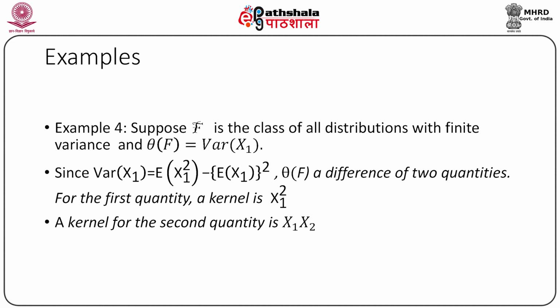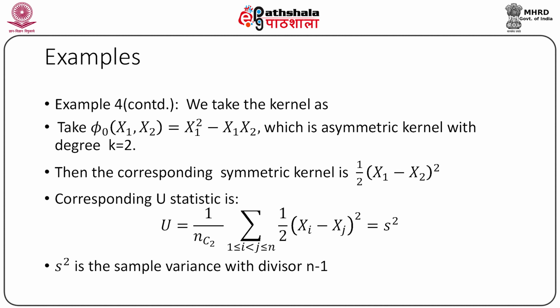Therefore, theta f is the difference of two quantities. For the first quantity, a kernel is x1 square, and a kernel for the second quantity is x1 x2. Then it is natural to consider the difference, that is x1 square minus x1 x2, as a kernel.